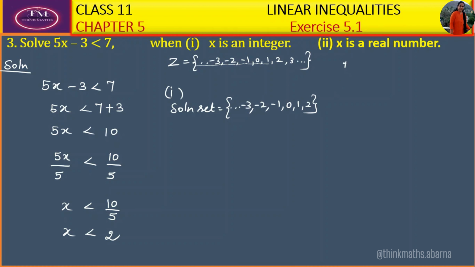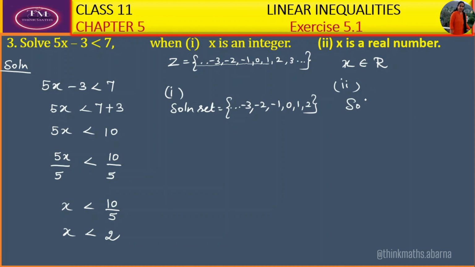What about second part? Here second part, x belongs to real number system. So for real number system, how do we write the solution set? So real number system means it takes the rational numbers, irrational numbers, whole numbers, integers and natural numbers.